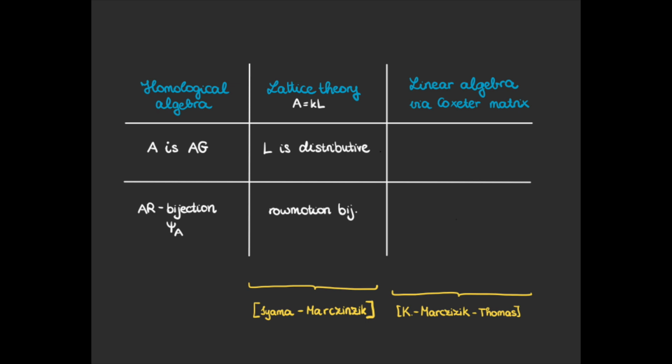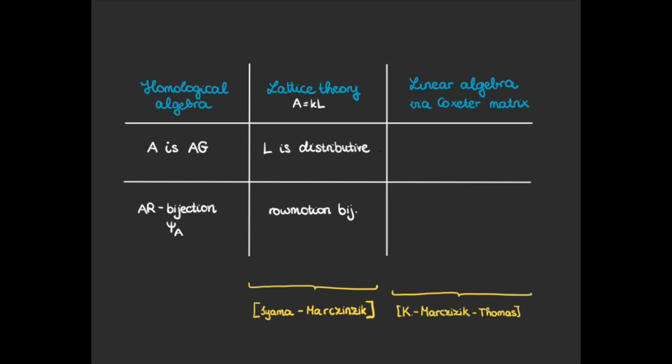First, being Auslander-Gorenstein for such an algebra is equivalent to the underlying lattice being a distributive lattice. And in this case, this Auslander-Reiten bijection also coincides with the rowmotion map, which is a very widely studied map in algebraic combinatorics and can be seen as a permutation on the vertices of the lattice.